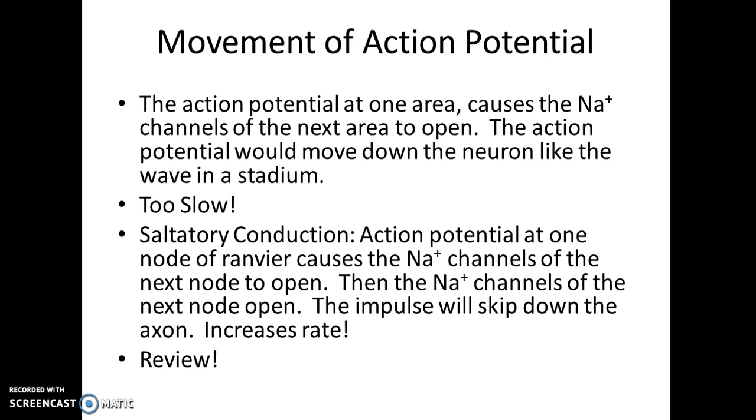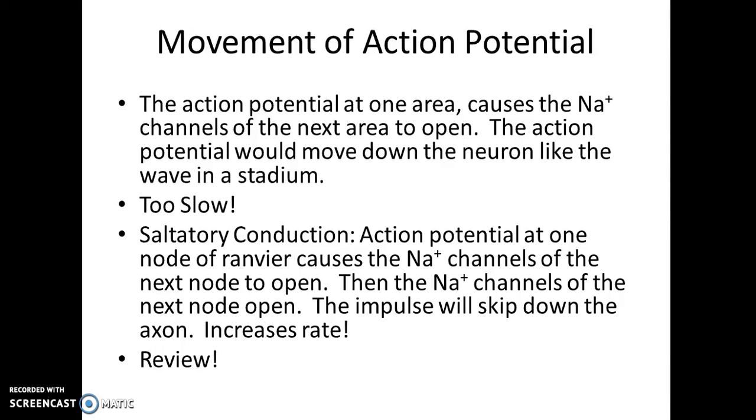The action potential moves in one area, causes the sodium channels of the next area to open. Right? So the action potential moves down the neuron like a wave in the stadium, but that is too slow. So the solution is saltatory conduction. Because we have the myelin sheaths around the axon, those sodium and potassium channels are blocked.